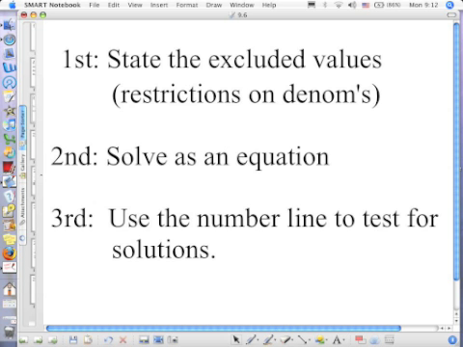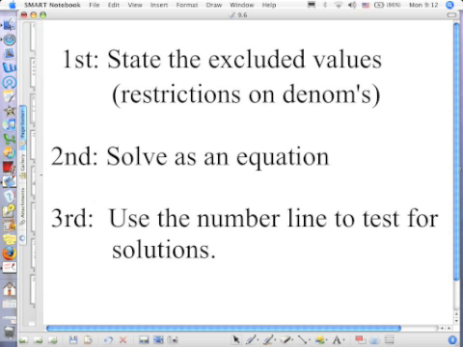First thing we're going to do is state our excluded values, which means what can our answer not be? Our restrictions on the denominators. Then we're going to solve this thing like an equation.